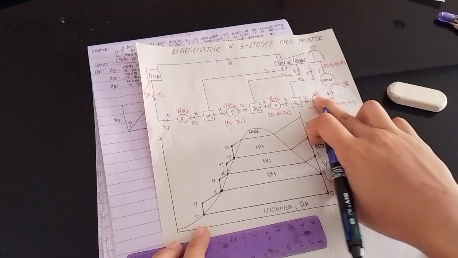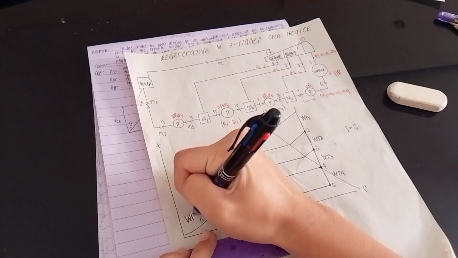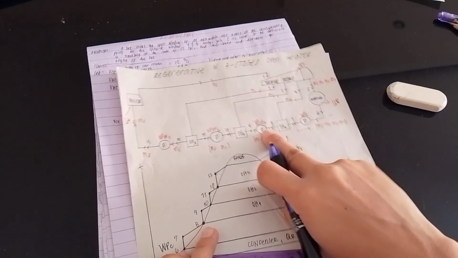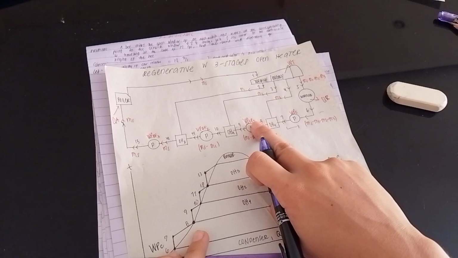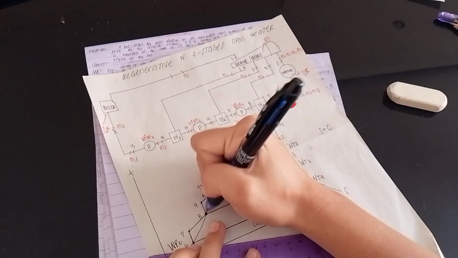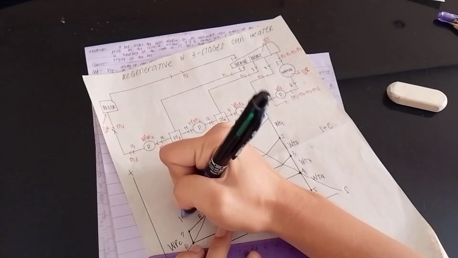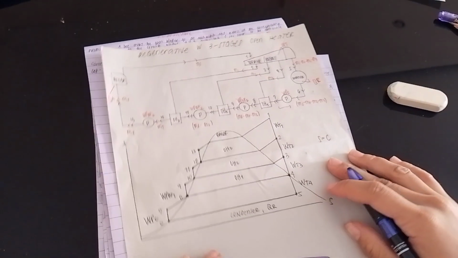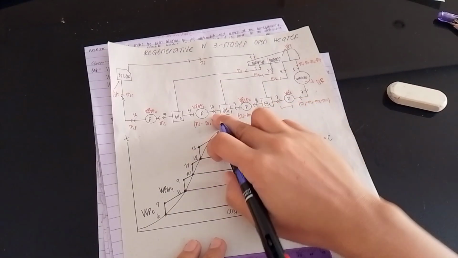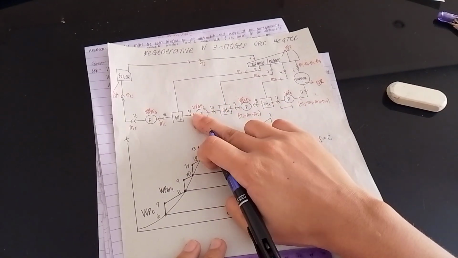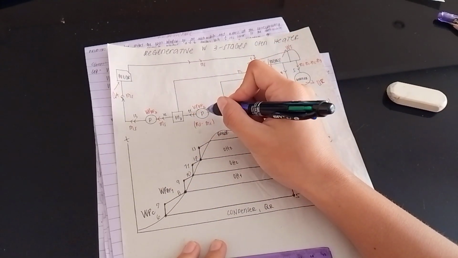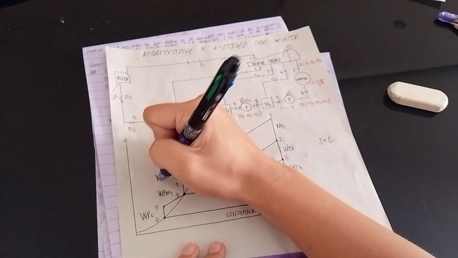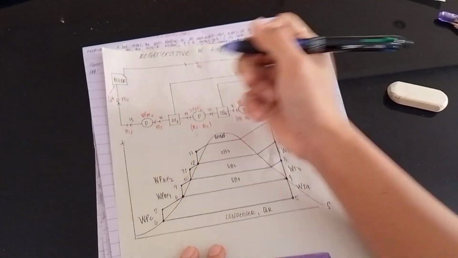Next, at states 6 and 7, as we can see here, we have a work pump in between them, so we have work pump C. At our next pump, we have the work pump on boiler feed water 1, in between 9 and 8: work pump BF1. At the next pump, between 10 and 11, we have WPBF2, our work pump BF2.